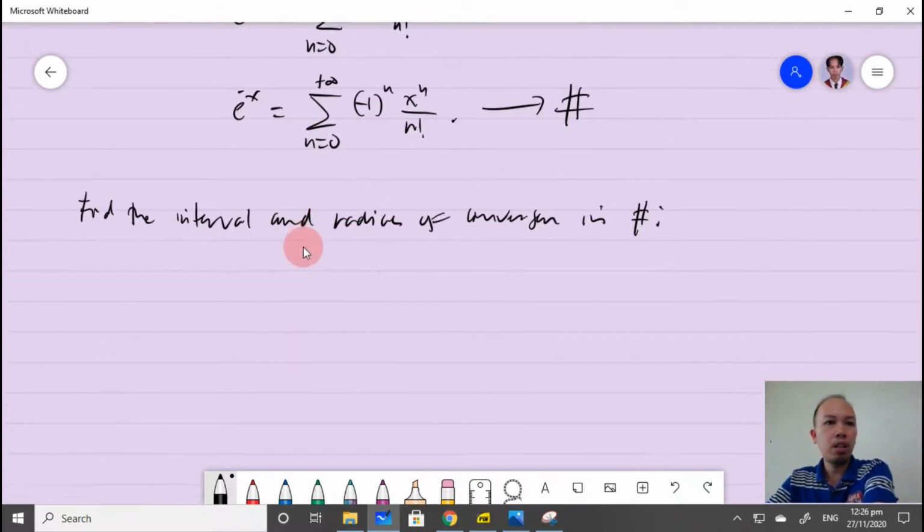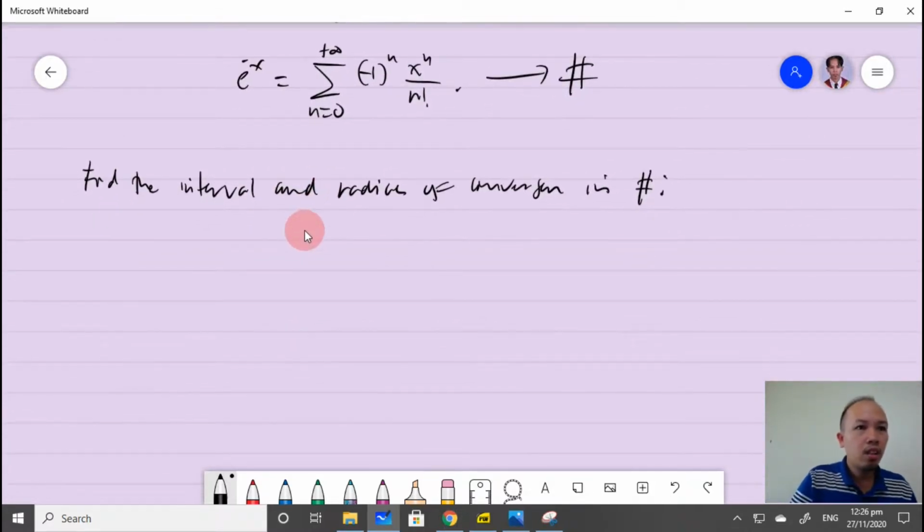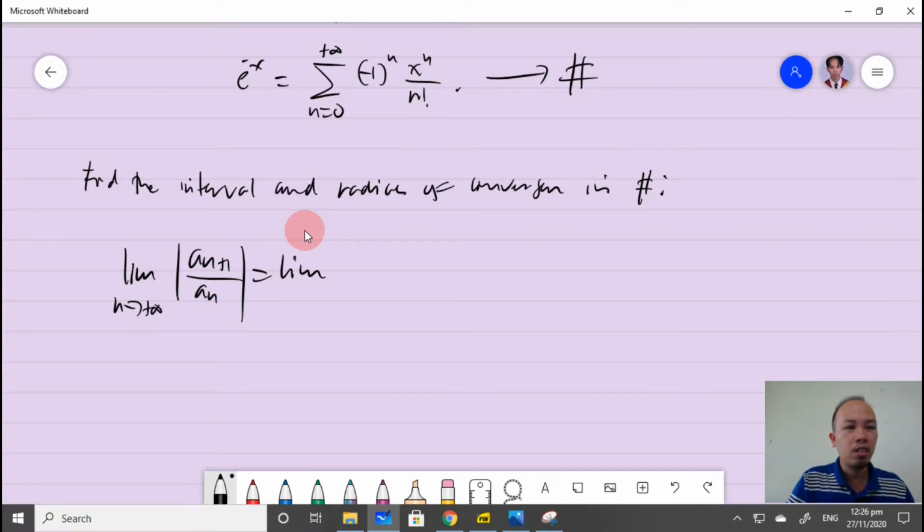So let's move up. Again, get the limit of a sub n plus 1 over a sub n, which is very familiar, as n approaches positive infinity. Replace n by n plus 1, so we have negative 1 to the n plus 1, x to the n plus 1 over n plus 1 factorial.